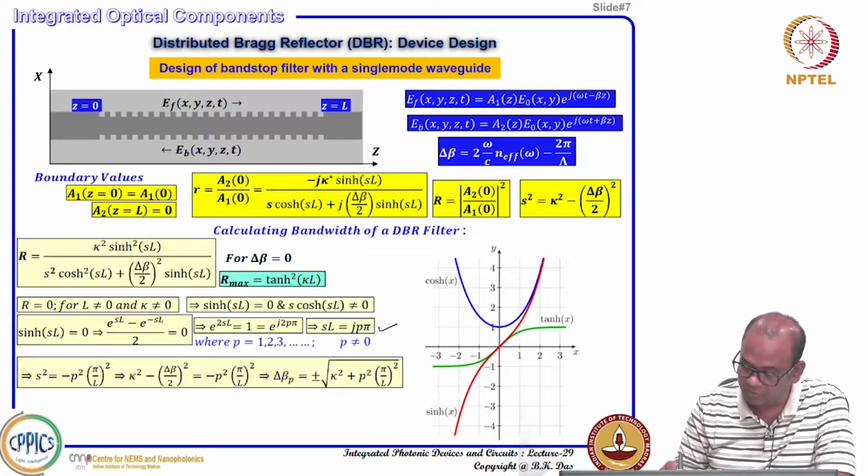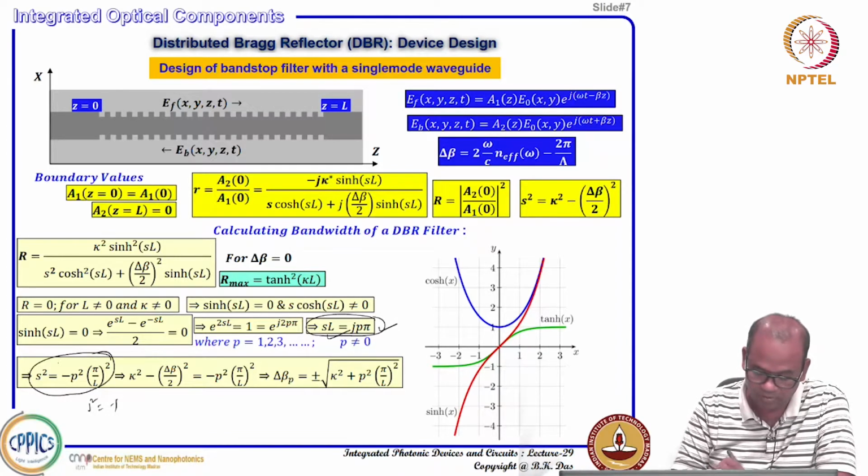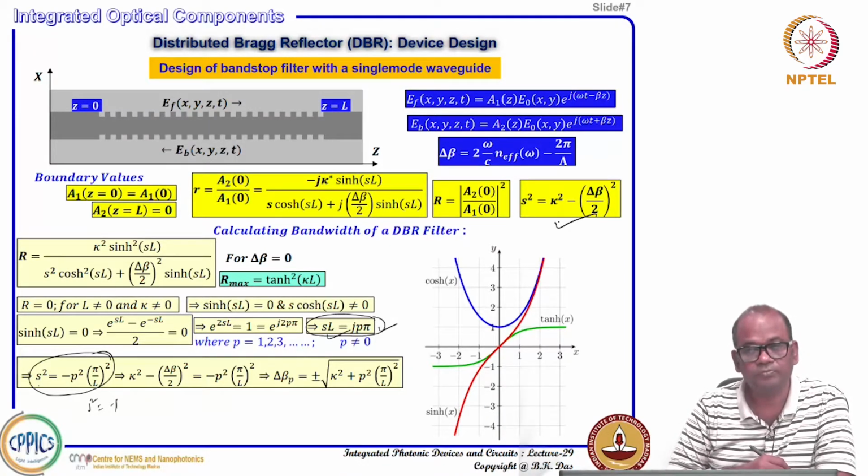that this equation is squared, because there is a j imaginary term. If you just square it, then you get j square equal to minus 1, right. So, minus 1 p square pi square by L square, L I have taken to this side. So, from this equation I get this one. And again, you know S square we have defined like this while developing coupled mode theory, right.